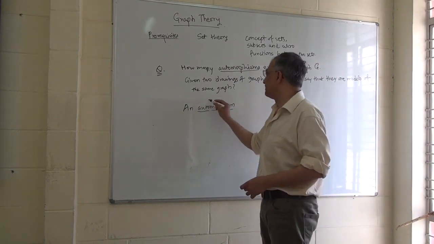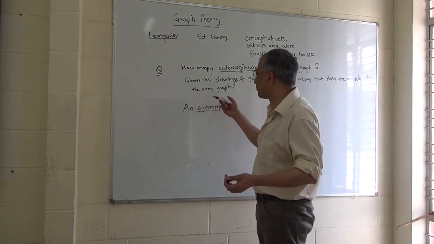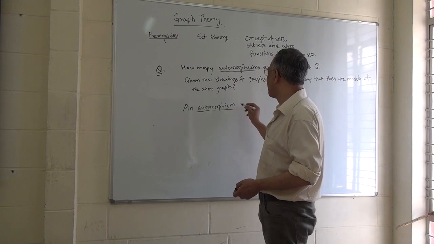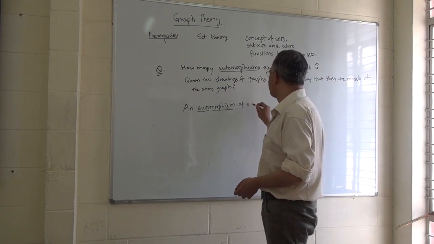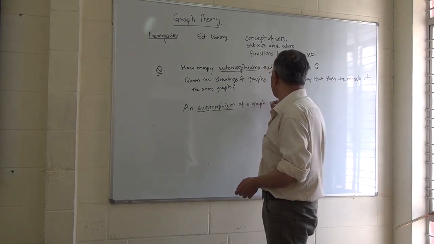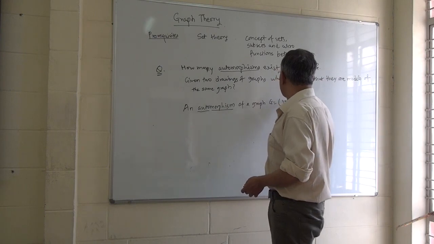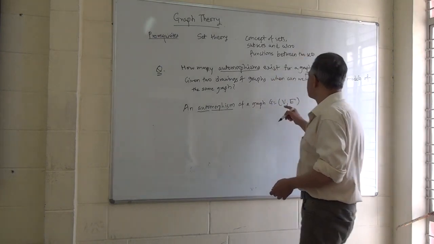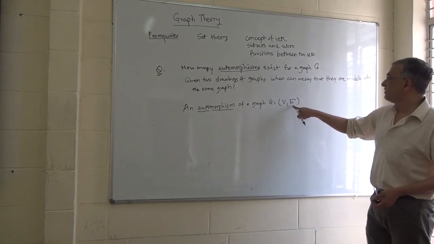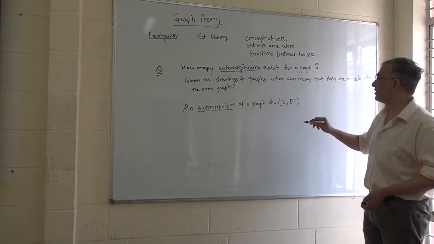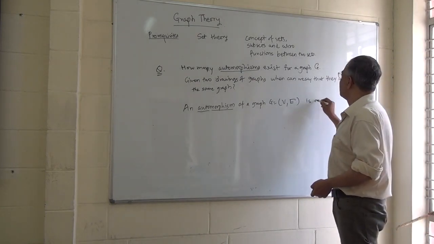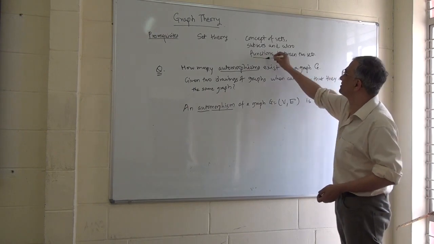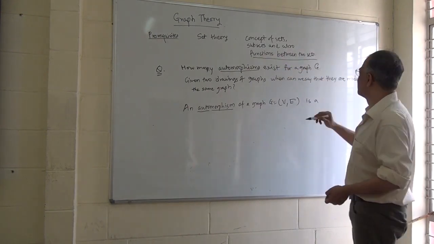Isomorphism is the same as before, isomorphic, and then morphism. An automorphism of a graph G, now G, remember, is a collection, a set of vertices V and a collection E of two-element subsets, is a function. This is where I use the functions between two sets, the prerequisite.